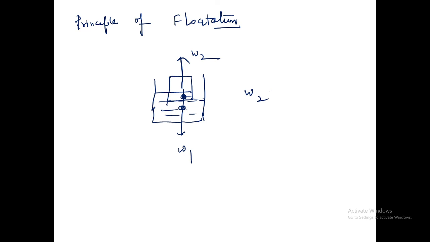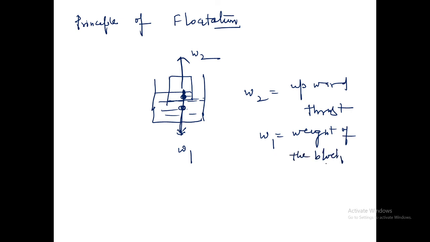W2 is the upward thrust, and W1 is the weight of the block. So first is the weight of the body acting vertically downward, which has a tendency to sink the body in the liquid due to gravity. And second is the upward thrust of the liquid, acting vertically upward, which is equal to the weight of the liquid displaced by the immersed part of the body. This force has a tendency to push the body out of the given liquid.